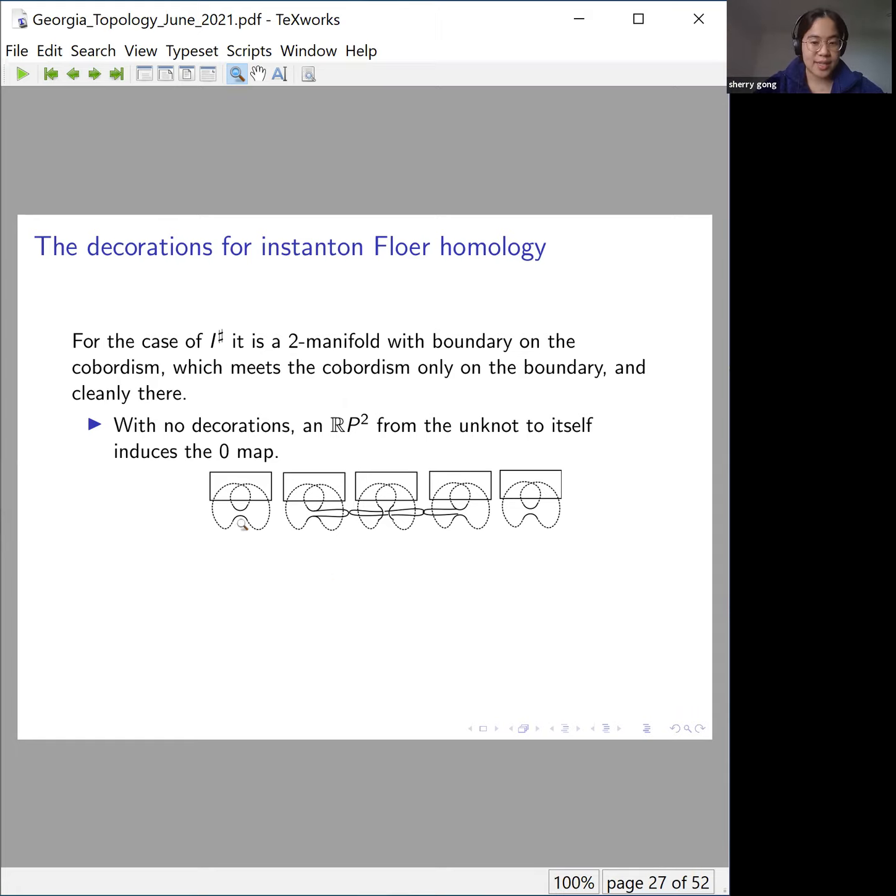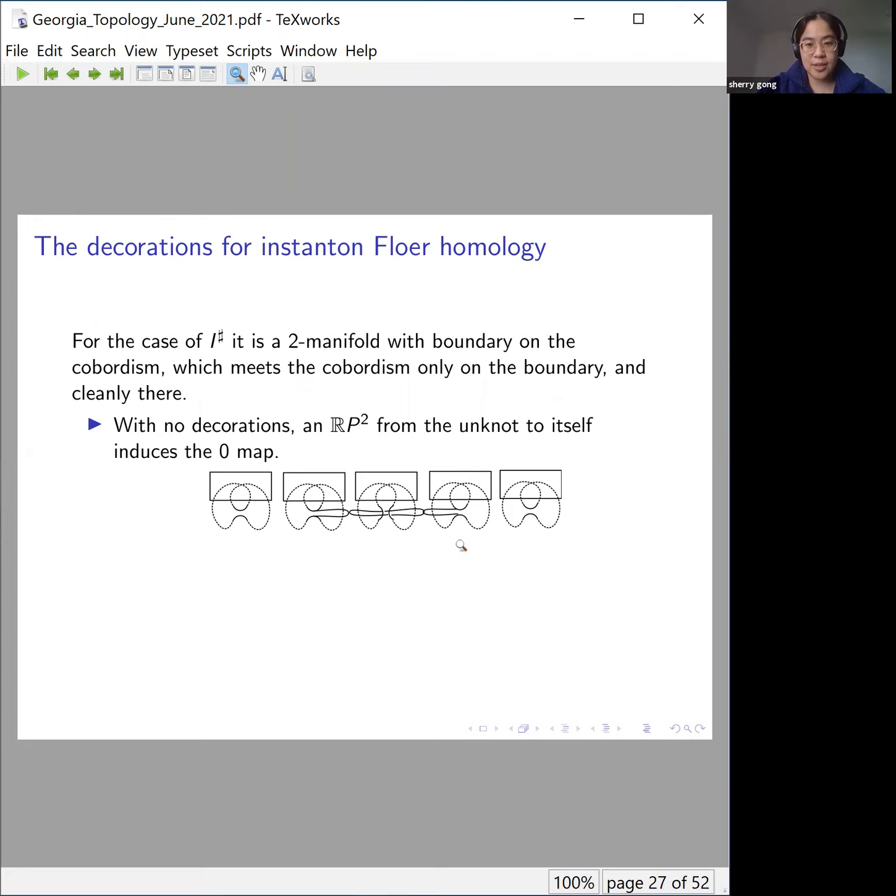So for example, if you just take a twice punctured RP2, so that's a punctured Mobius band, as a map from the unknot to itself, a very standard one: you take this unknot, the way I've drawn it, and then you add a band in this little centerpiece to turn it into this other unknot.